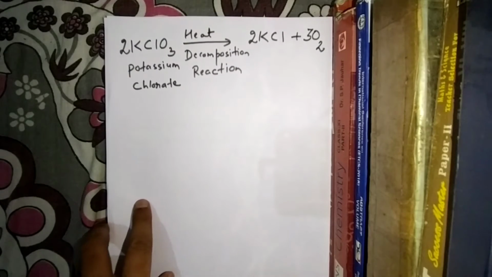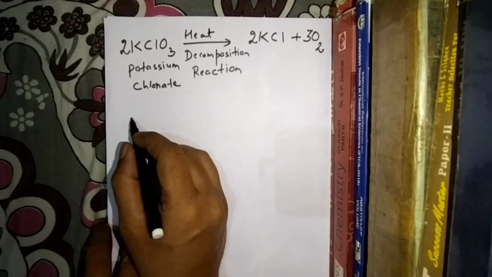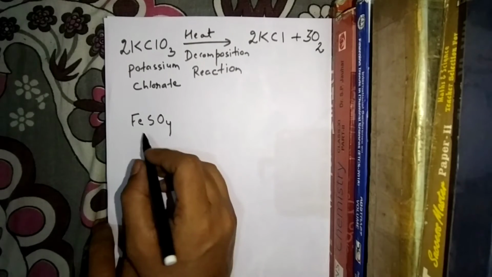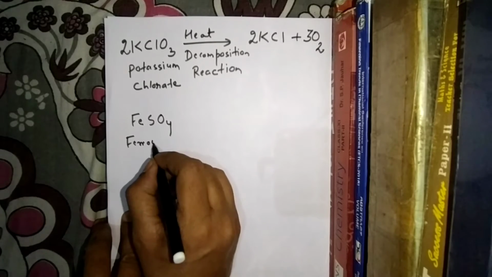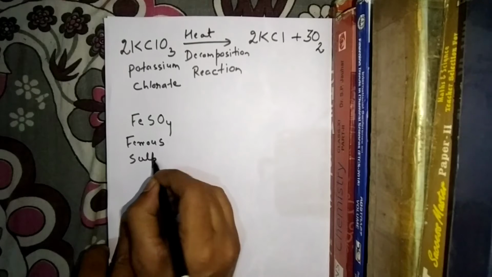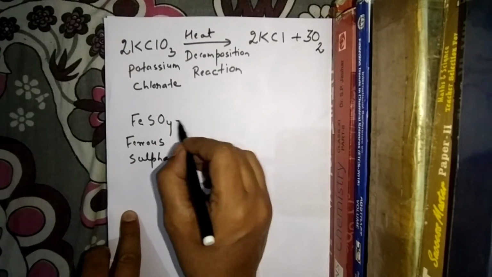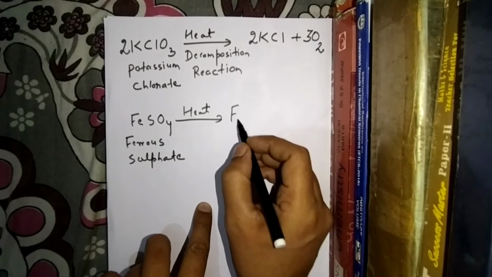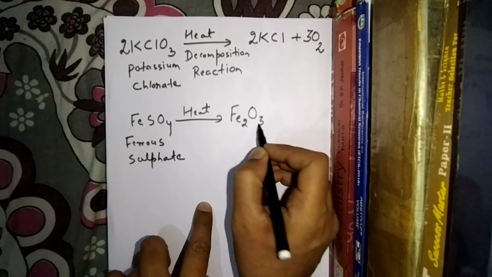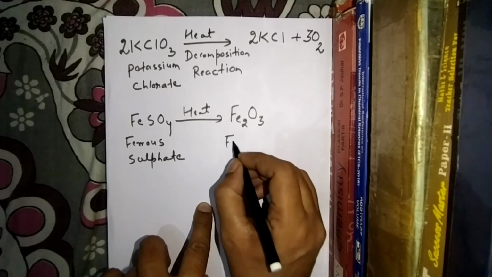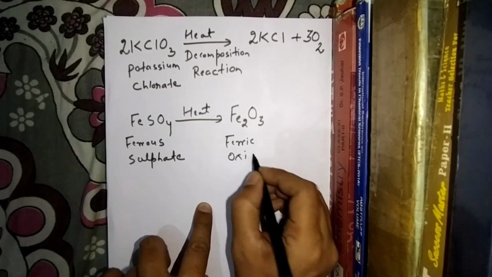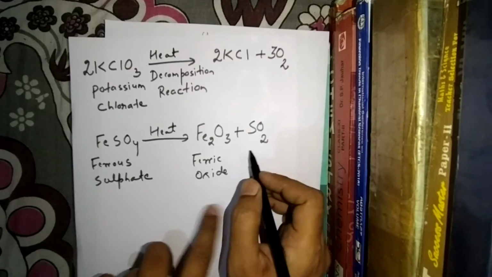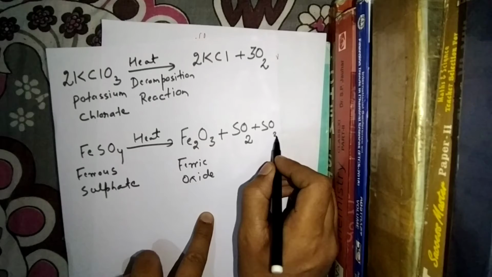Now the third example we will study. This is your iron sulfate, FeSO4. इसको हम बोलते हैं ferrous sulfate. Now again we will heat and it is a decomposition reaction. When iron sulfate is heated, it gives you Fe2O3, that is your ferric oxide, plus SO2, sulfur dioxide, plus SO3.